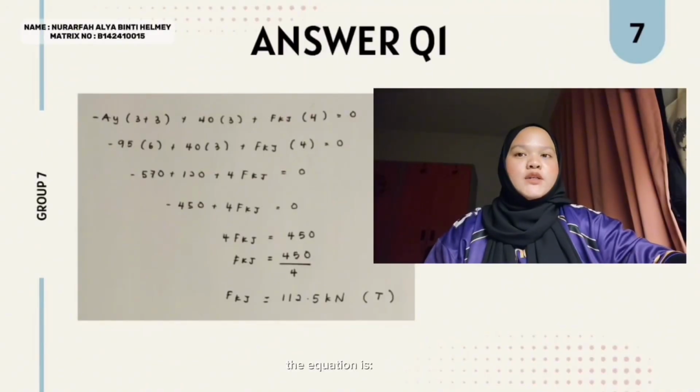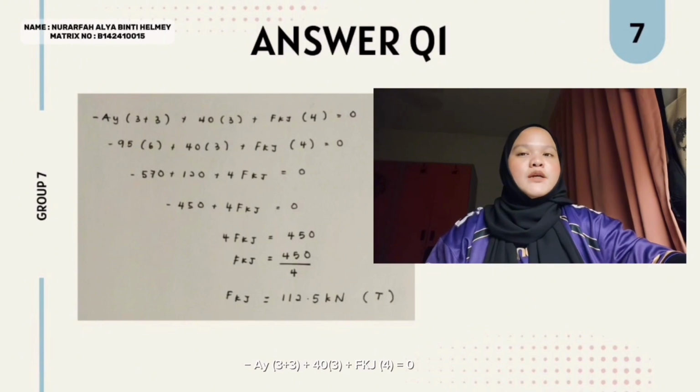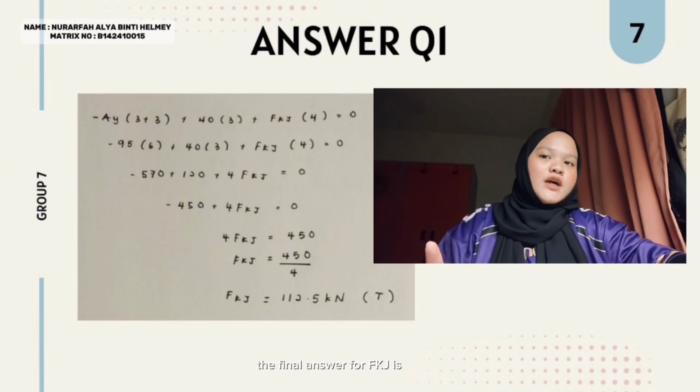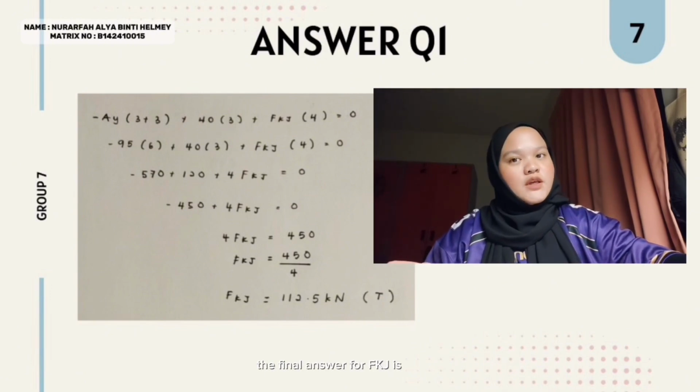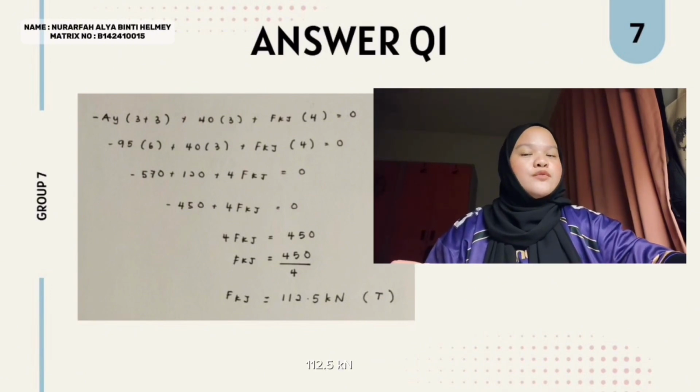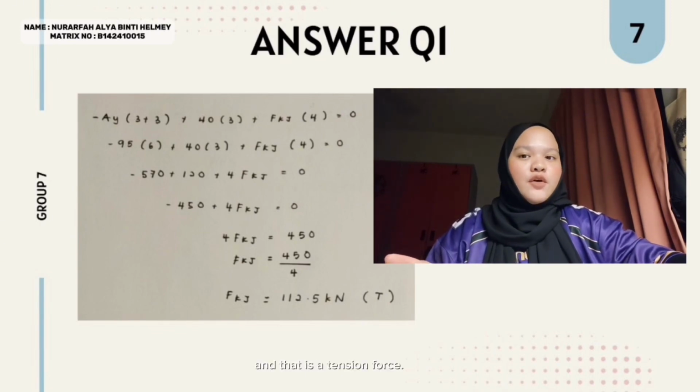Next, equation force for member FKJ. The equation is negative AY multiply 3 plus 14 multiply 3 plus FKJ multiply 4 equal to 0. The final answer for FKJ is 112.5 kilonewton, and that is a tension force.